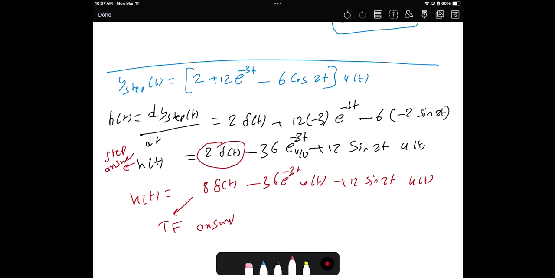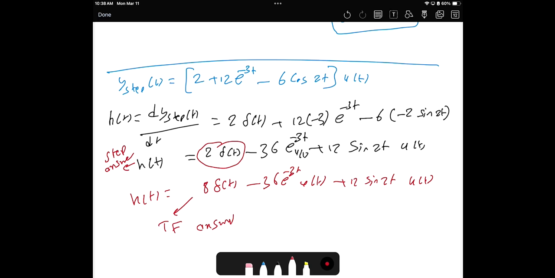So the negative 36 e to the negative 3t u of t plus 12 e to the negative 3t impulse of t? Yes, that's okay. That's perfect. That's it. Now I think you got it.